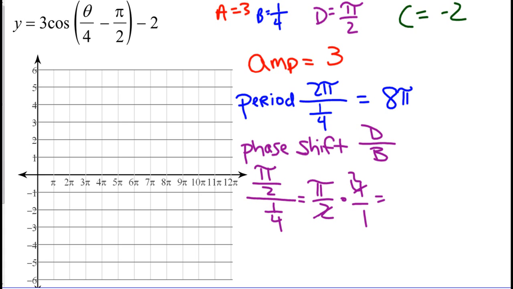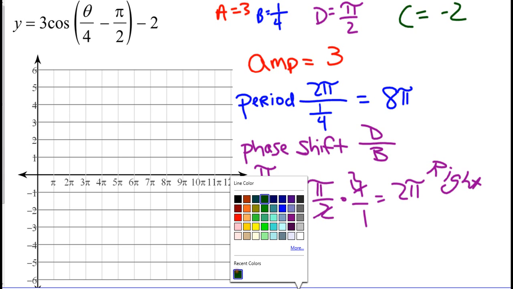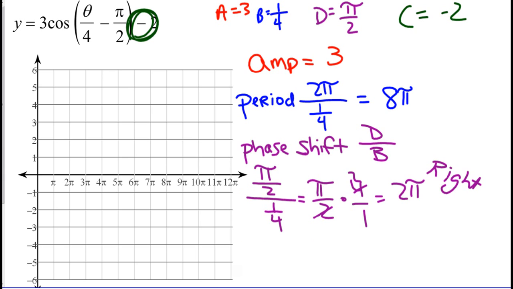So that reduces to 2 pi. So basically we're going to take our graph and we're going to move it 2 pi to the right before we even start. Remember, your phase shift is always the opposite of whatever that sign is. So if that's a negative, we go to the right. If it's a positive, we go to the left. Okay, but then your horizontal shift is always the same as whatever that happens to be.